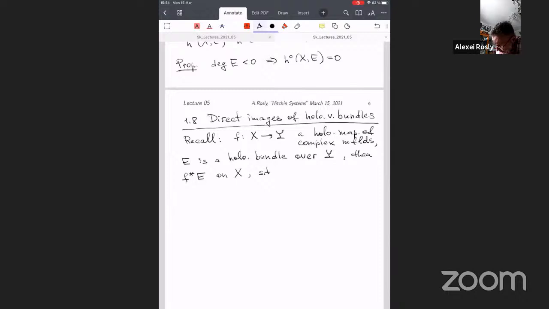And such that, for example, the numerical topological characteristics of this bundle are related by the pullback: its rank is the same as the rank of E, and the Chern classes of the pullback are pullbacks of Chern classes.